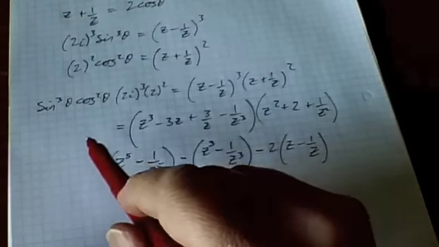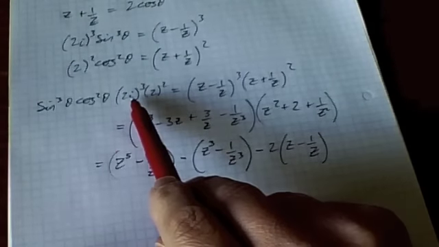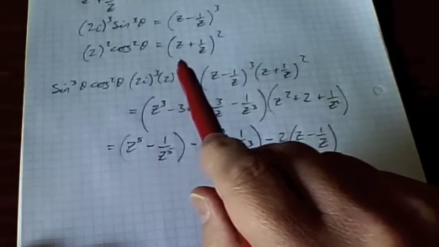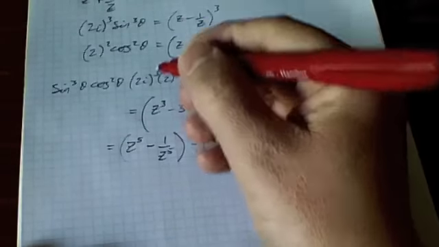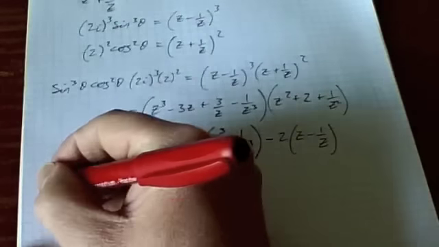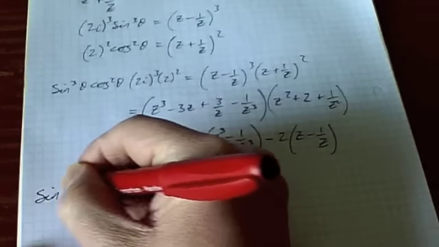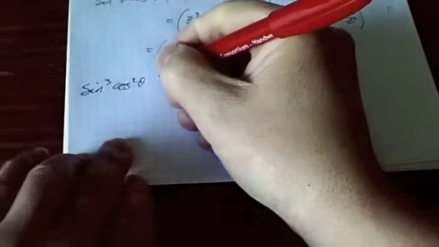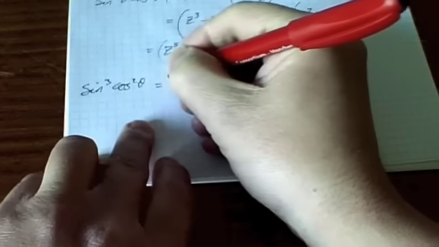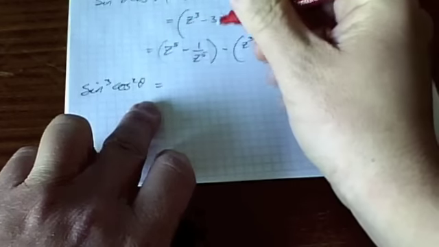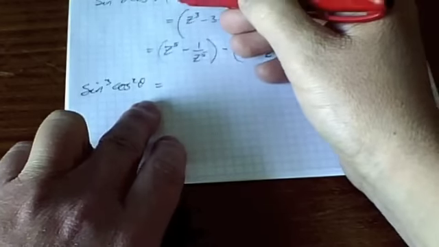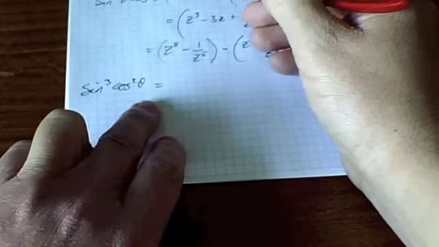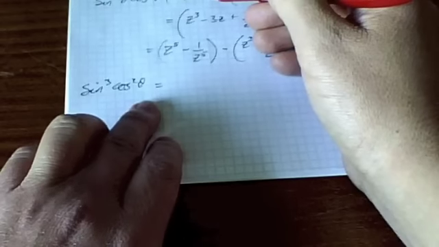Now, at this point, I need to start dealing with these 2i cubed and 2i squared there, and this is going to get me sine cubed theta cos squared theta is going to equal, now if I divide through, that 2 cubed there is 8 and that 2 squared is 4, so I've got 32 at this point.